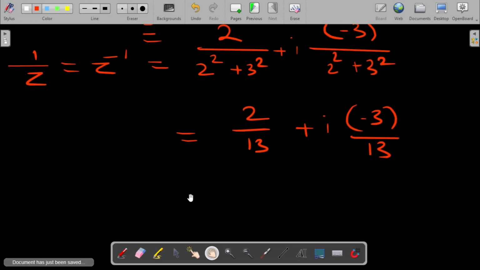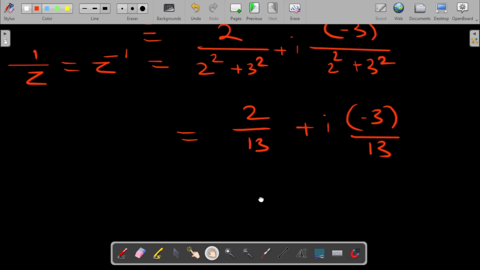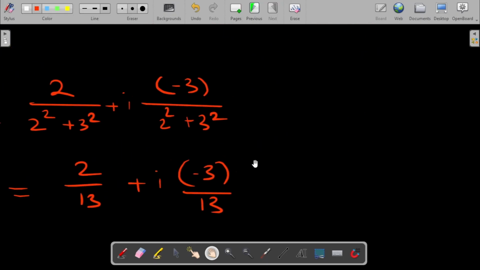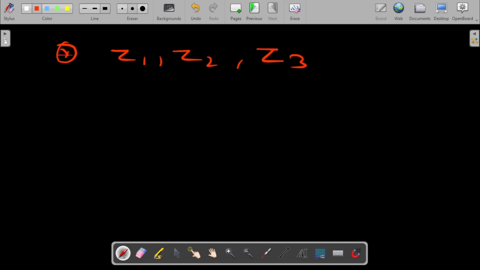And complex numbers satisfy the distributive property. That is, if Z1, Z2 and Z3 are three complex numbers, they satisfy the distributive property.